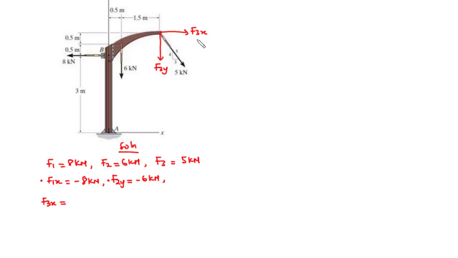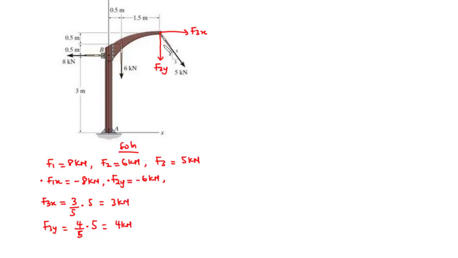Now 3 corresponds to F3x, so that becomes 3 over 5 times 5, and that is equal to 3 kilonewtons. And then for F3y, it corresponds to 4, so 4 divided by 5 times 5, and that is equal to 4 kilonewtons.